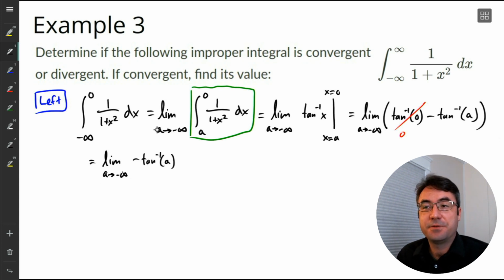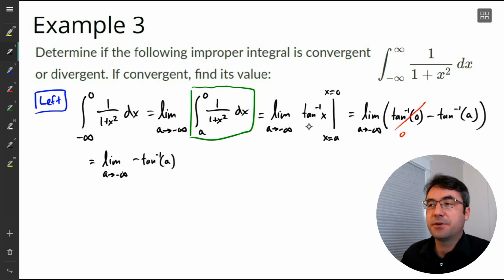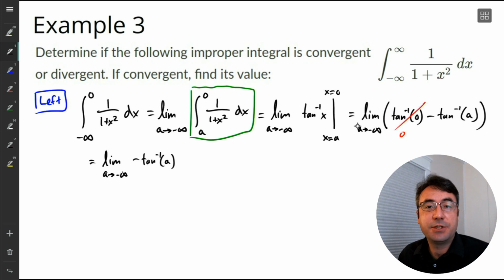So notice step 1 was to rewrite it as a limit, and then all the other steps here in the middle were really just going through and calculating the definite integral. We still wrote our limit notation going through each step like this. And now we're at a point where we can actually calculate the limit. So as soon as we calculate the limit, the limit notation is going to be gone.